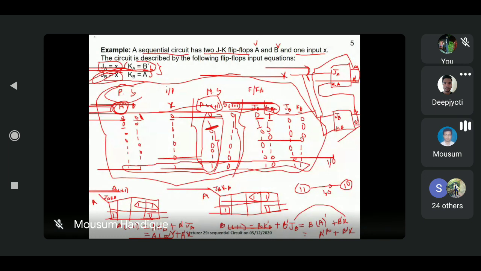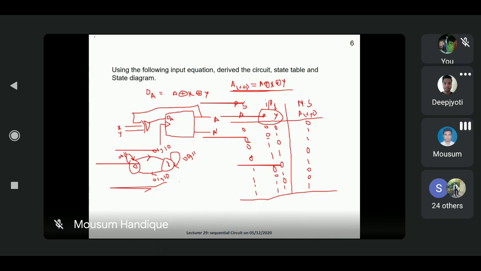So what happens? How many present states are there? Obviously 2, A and B. And how many bits are we using in next state? 2 values, 80+1 and BT plus 1. So for that purpose, in every state we are using 2 bits, 0, 0. But in this question, see here, only present state is only 1.